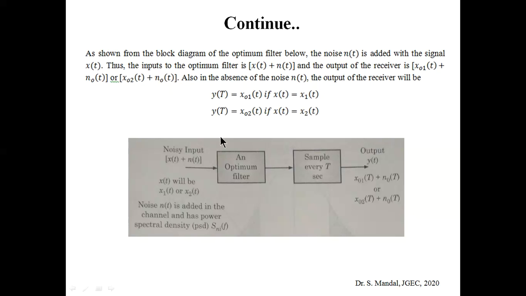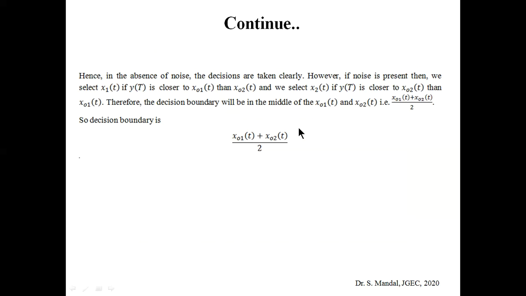So y(t) is xo1(t) if x(t) equals x1(t), and y(t) equals xo2(t) if x(t) equals x2(t). Simple. When the noise is absent, there is no problem to take a decision. That means the decision can be taken clearly.